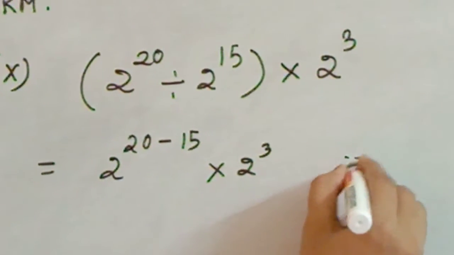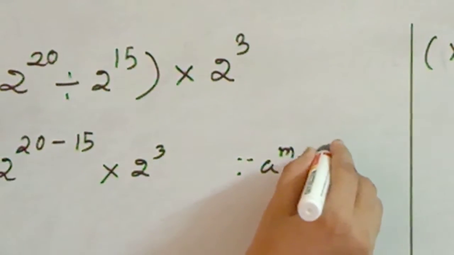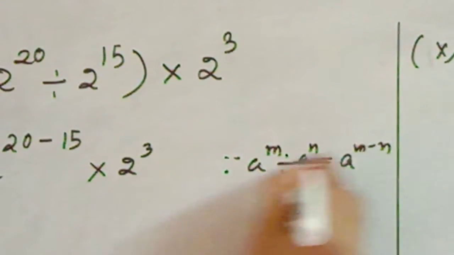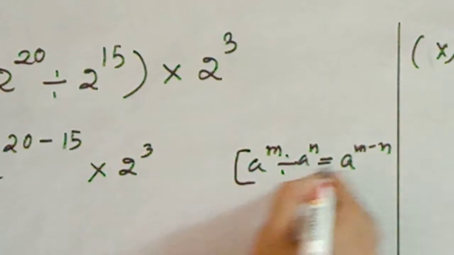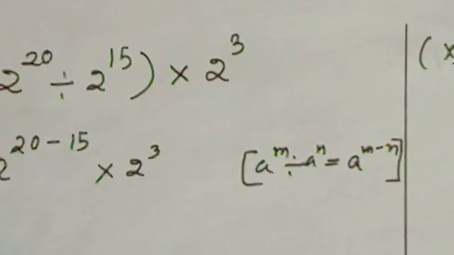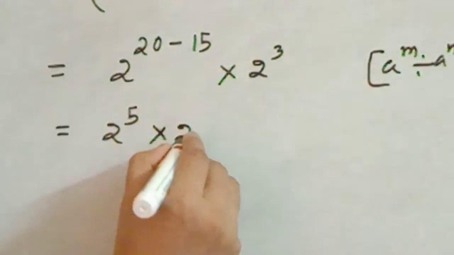As you know, a to the power m divided by a to the power n is equal to a to the power m minus n. You are using this law, and 2 to the power 20 minus 15. So 2 to the power 5 into 2 to the power 3.